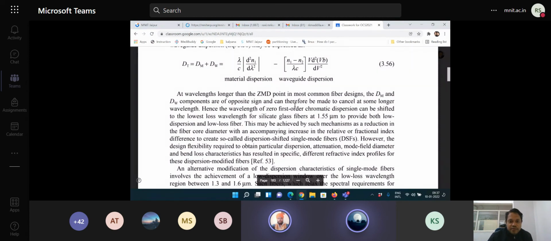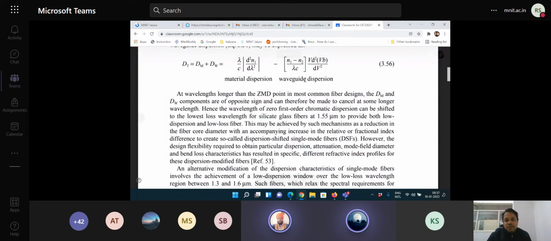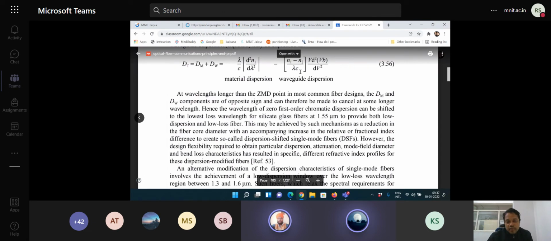So we have material dispersion, which is because of the fiber material which is being used, and we have waveguide dispersion, which is because of the structure of the waveguide.